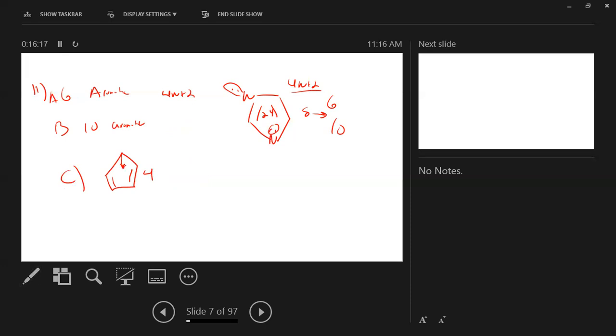And what do I mean by line 1? If you go back to the criteria for aromaticity, line 1 says a fully conjugated ring with overlapping p orbitals. This doesn't have overlapping p orbitals if this is puckered up like that. So that's going to be non-aromatic.